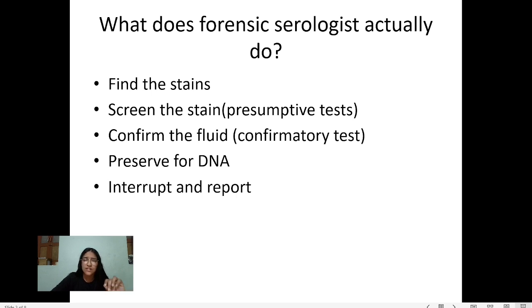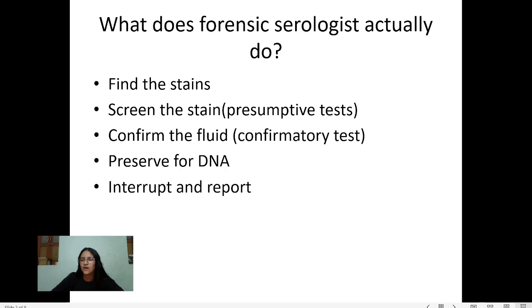These tests do not confirm the presence of a particular body fluid. They only tell that this probably can be this body fluid. These tests are very fast and can also give false positive results. So as I have mentioned earlier, this cannot confirm the presence of any body fluid.